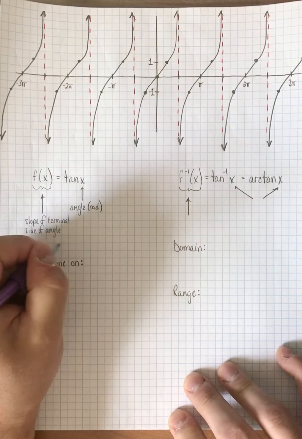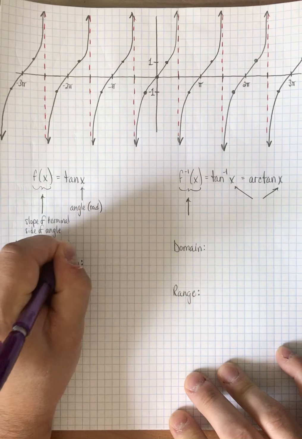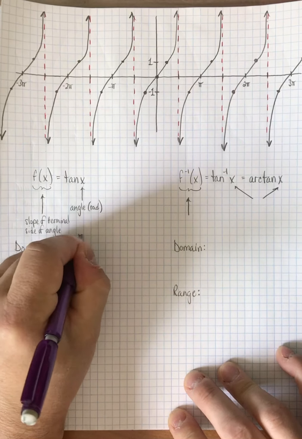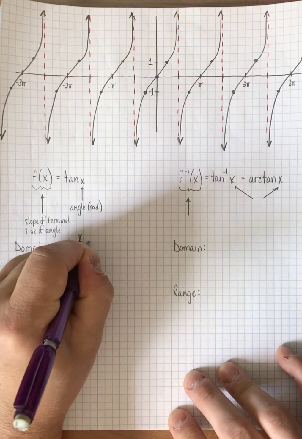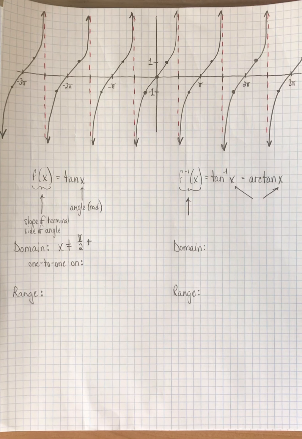The domain of the tangent function is that x can be anything except pi over 2. And, well, I did mention coterminal angles, but we'd have to write two different families of x values here because the things that are coterminal to positive pi over 2 are not coterminal to negative pi over 2.